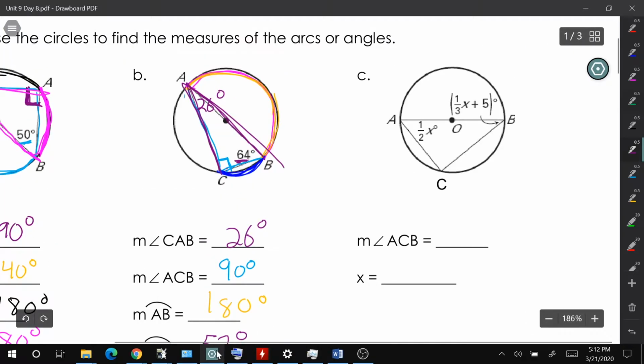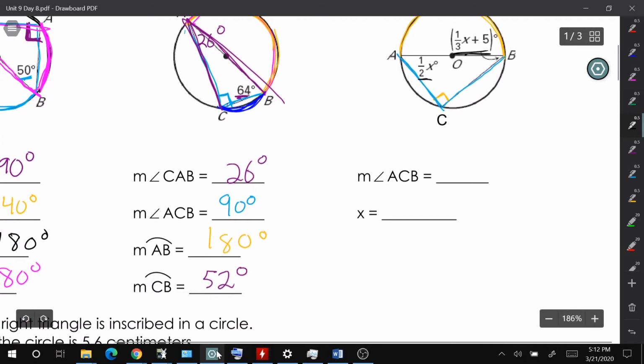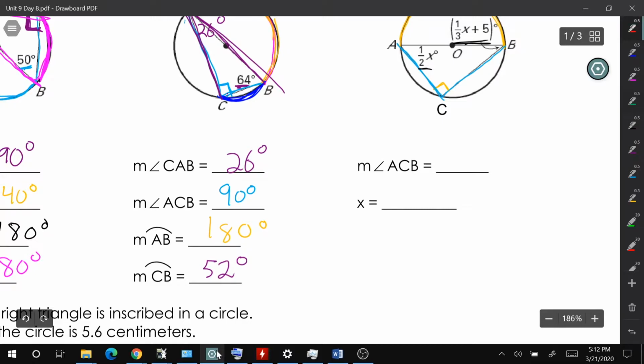Then example C, again, this is a semicircle, which makes this angle right here 90 degrees. So then these two angles have to add up to 90 degrees for that whole triangle to add up to 180. So we have 1/2 x plus 1/3 x plus 5 equals 90.